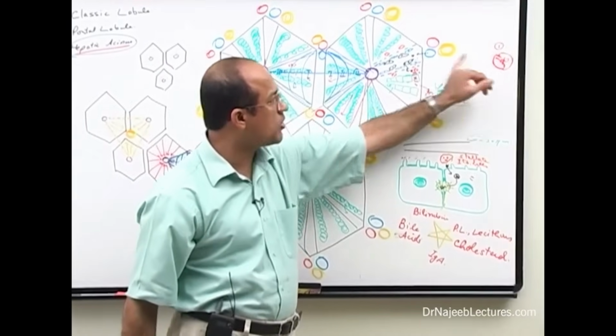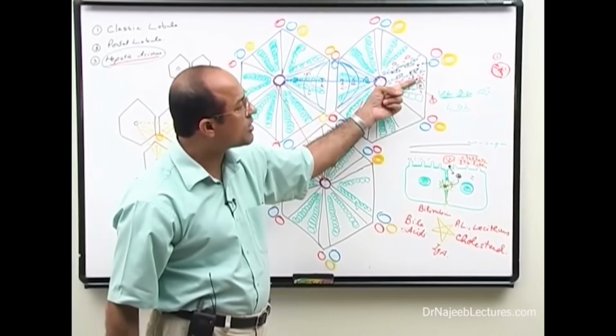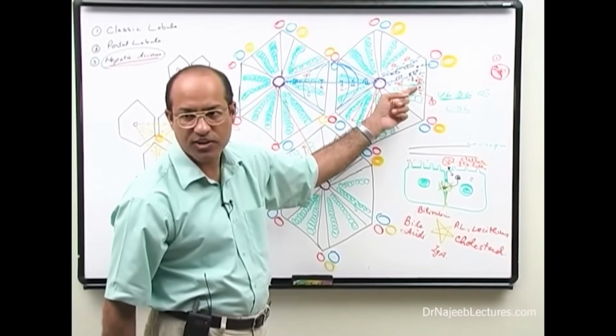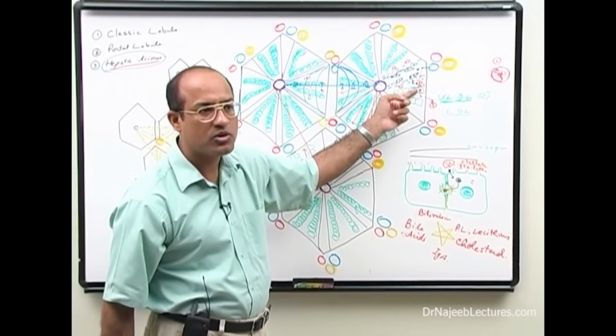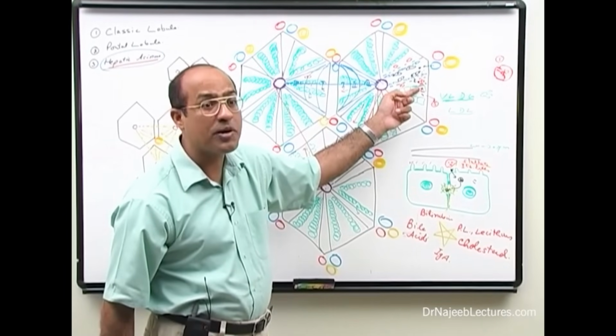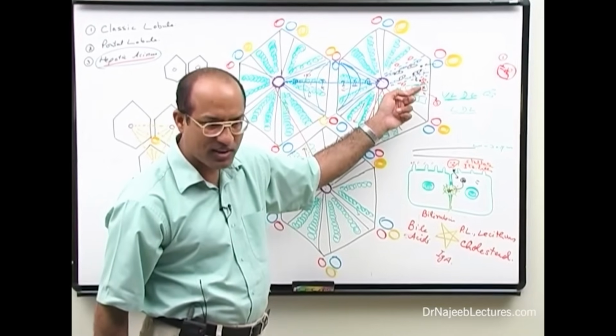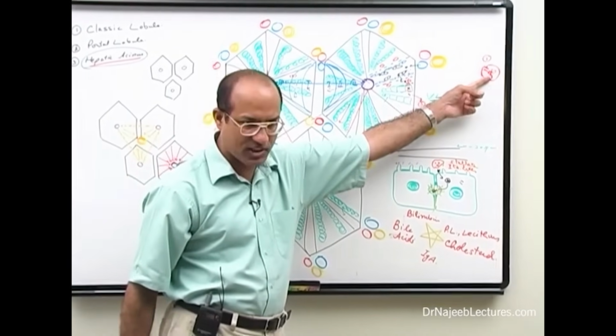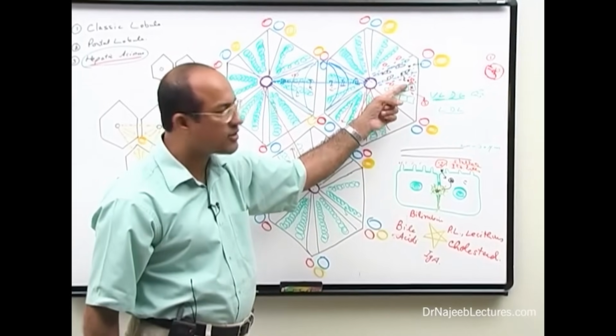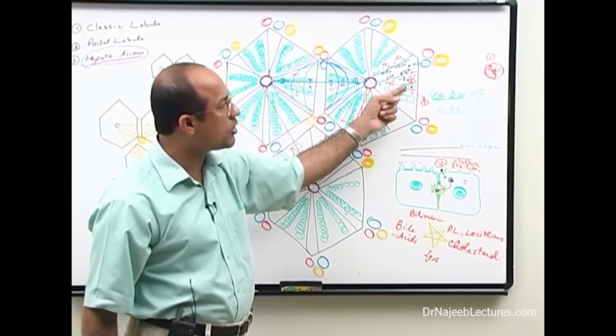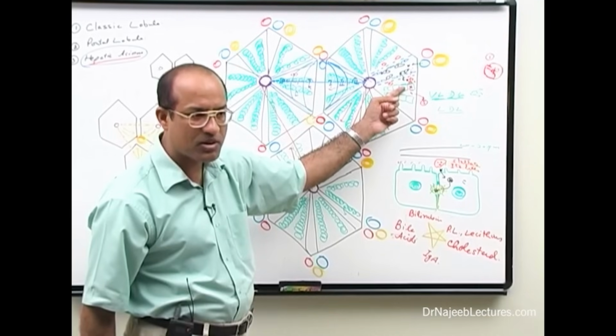Important thing: if RBCs are producing more bilirubin, or bilirubin is not taken up, or bilirubin is not conjugated, all these conditions will produce unconjugated hyperbilirubinemia, because bilirubin is not getting conjugated. With the first three mechanisms, what will happen?